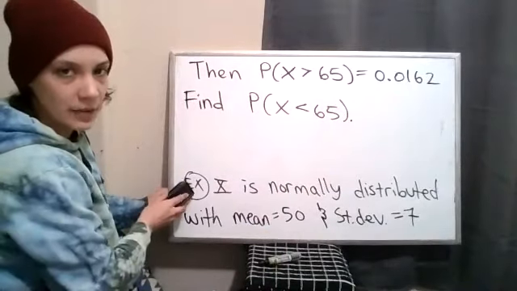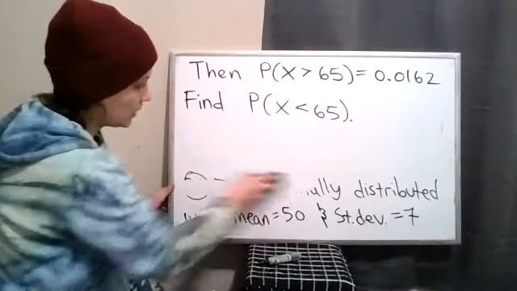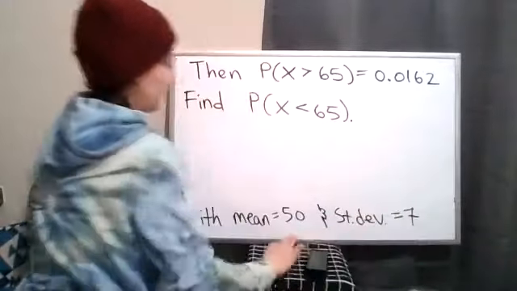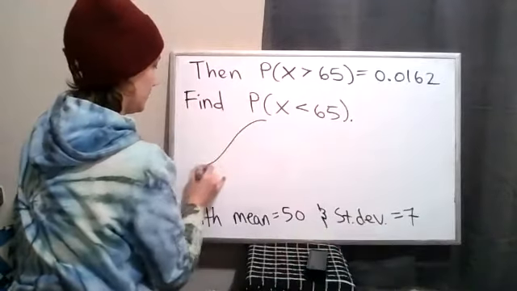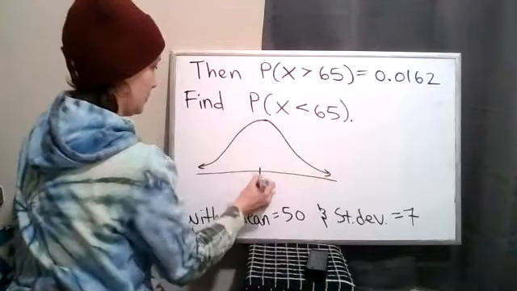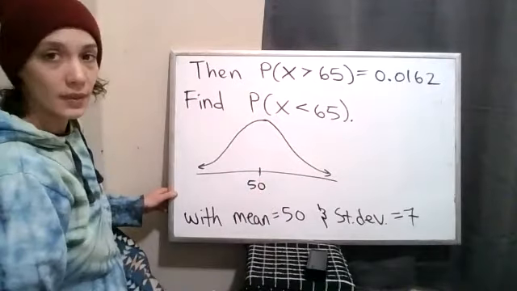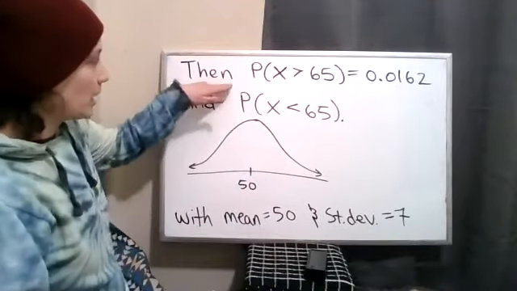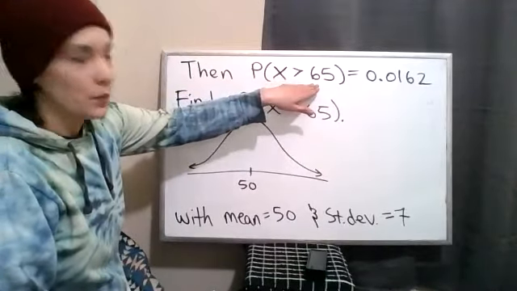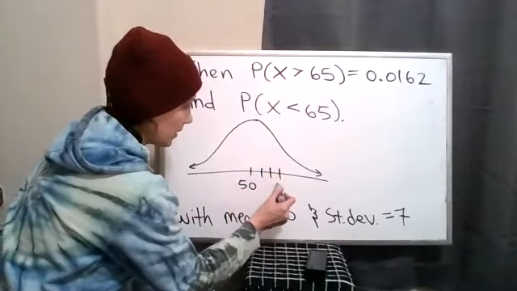And for these problems, I included a picture. We're going to draw the picture, the graph. It's bell-shaped and centered at 50. And then the part we have is for the x values that are greater than 65. So find 50, 55, 60, 65.